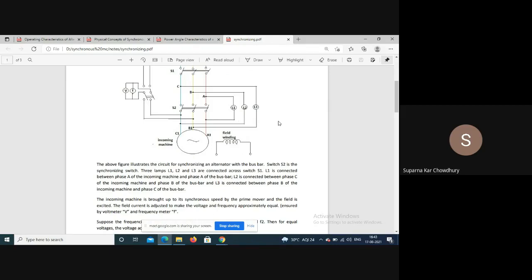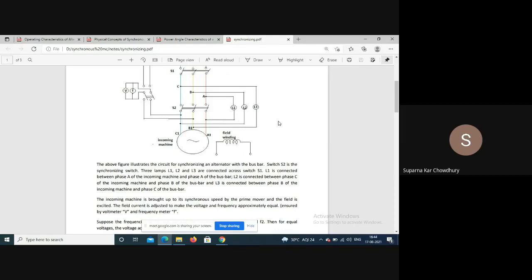Because when the machine is connected to the bus bar, its terminal voltage and frequency cannot change. Why can it not change? That is why we call it the infinite bus. The concept is that the capacity of the bus bar, or the power flow to the bus bar, is very large compared to any particular single machine.